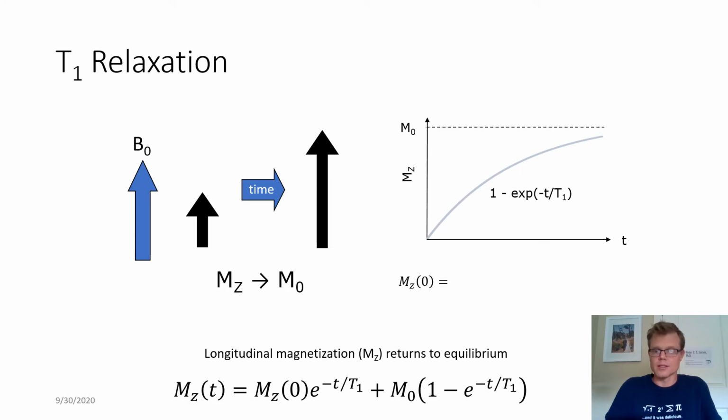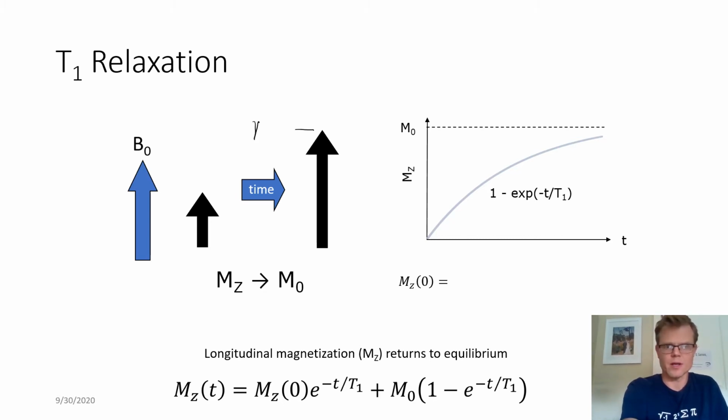So this is the illustration of the T1 relaxation, with our drawing on the left showing the orientation of B0, the main magnetic field. If we start off with a Z magnetization that is smaller than M0, then over time it will return to this amplitude of M0.